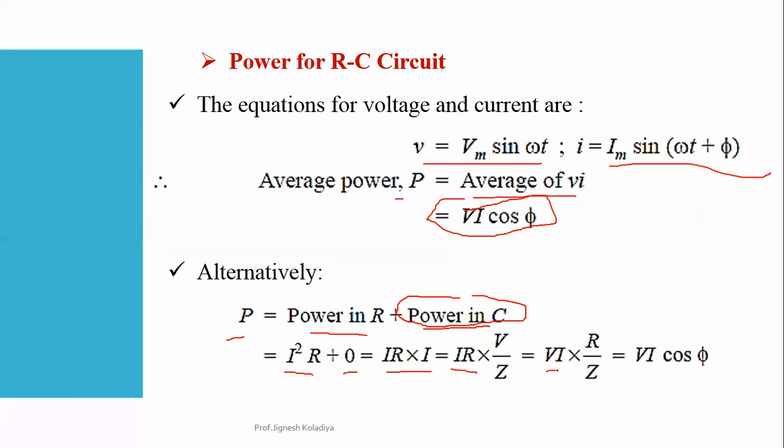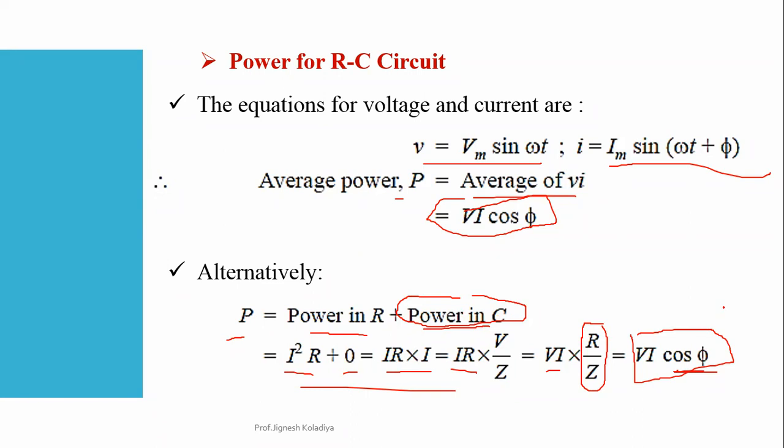I have V into I multiplied by R by Z, and we know the definition of power factor: resistance upon impedance is nothing but cos phi. So I am getting VI cos phi directly.